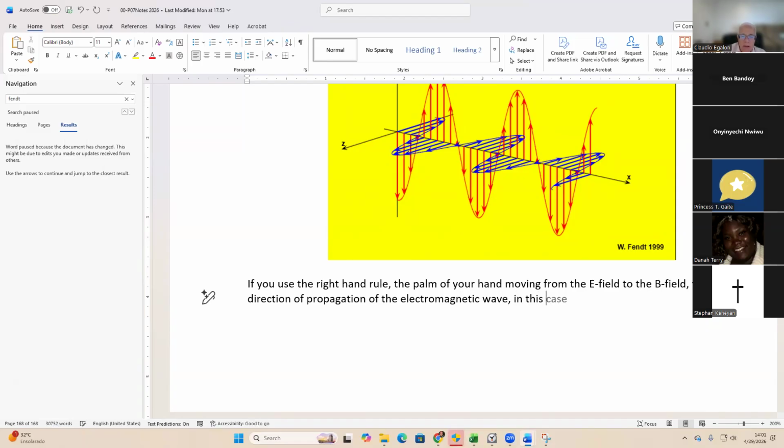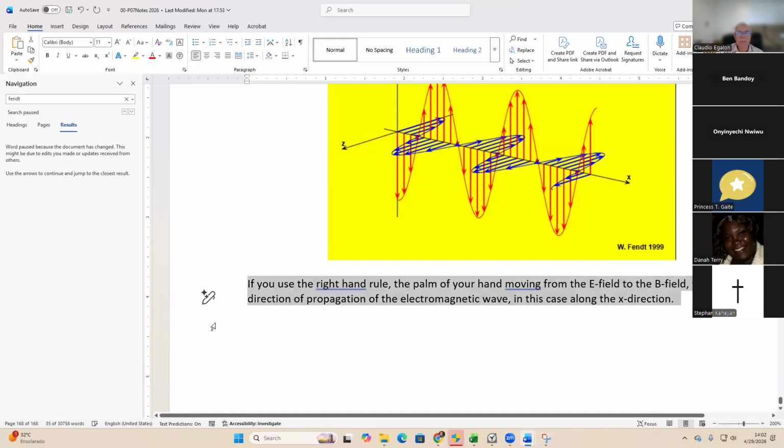In this case, along the x direction. And that's where this wave is moving, right? Moving along the positive x direction.